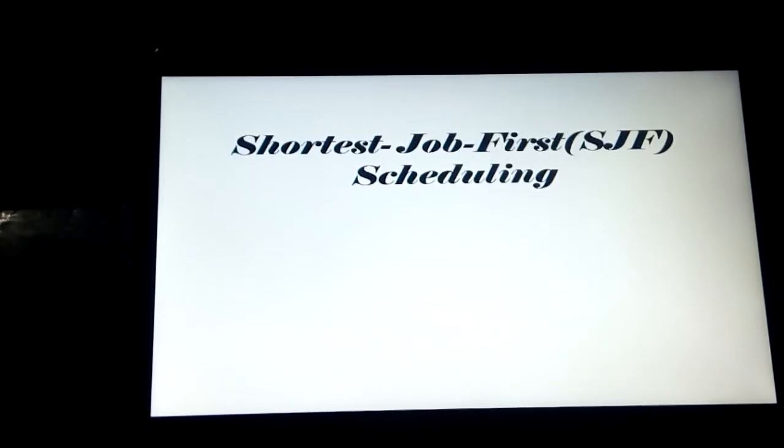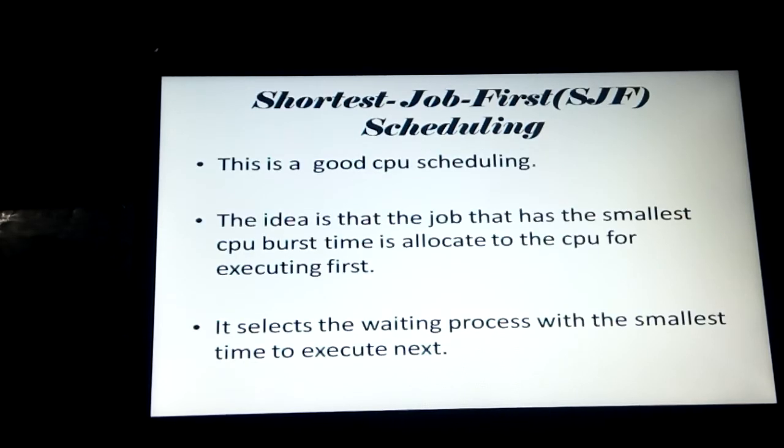Now let us understand what is shortest job first, that is the SJF scheduling algorithm. As the name suggests, the job which has the least burst time will execute first.